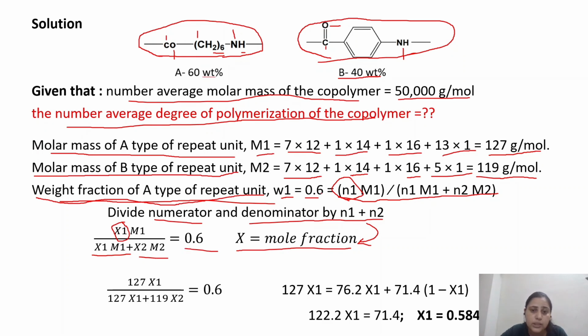So we are just converting the weight fraction formula of A type of repeat unit into the mole fraction formula of A type of repeat unit, and by this we can put in the values, which is the M1 value we have already calculated as 127 and the M2 value as 119.